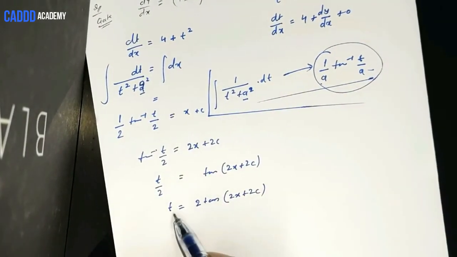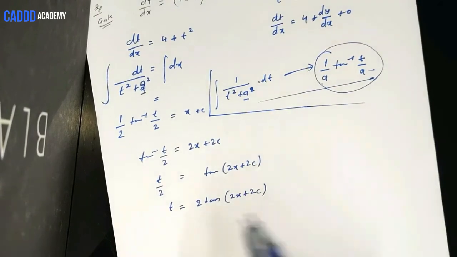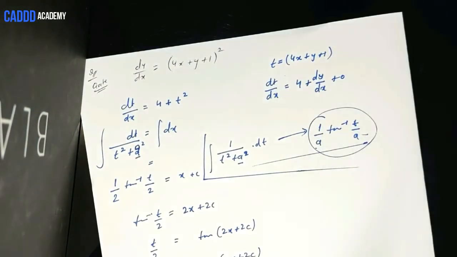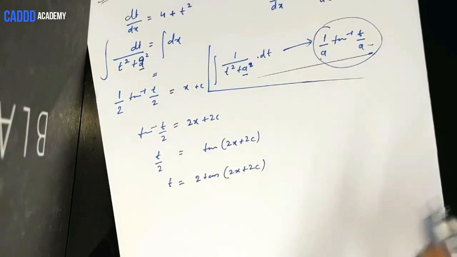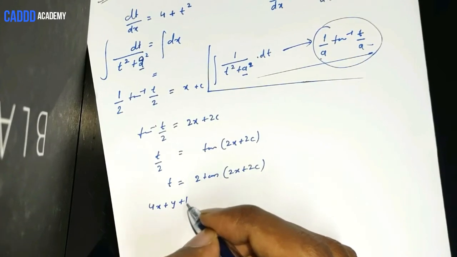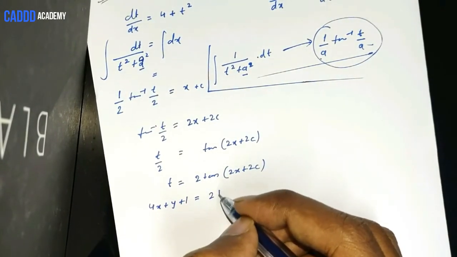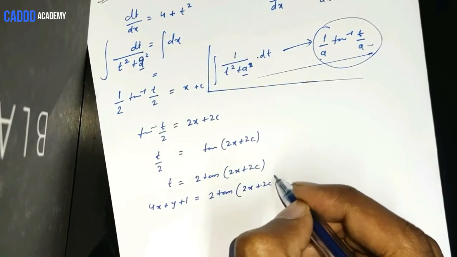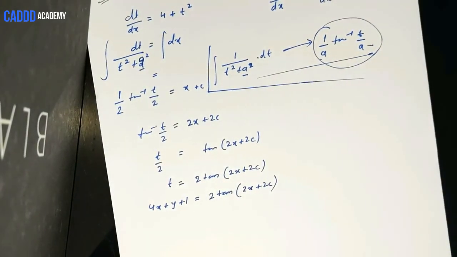And we know that we have put the t value as this thing. So this is the t value, 4x plus y plus 1 is equal to 2 tan (2x plus 2c).